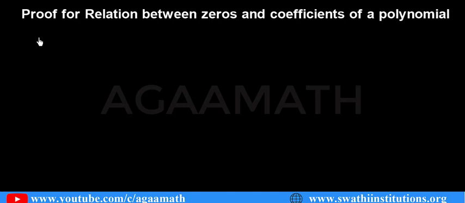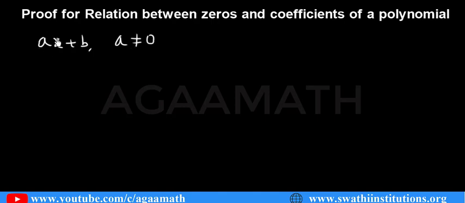We all know, also called the general form or the standard form of a linear polynomial, right? Whenever we write the standard form or the general form of a linear polynomial, it is ax plus b, where a is not equal to 0.